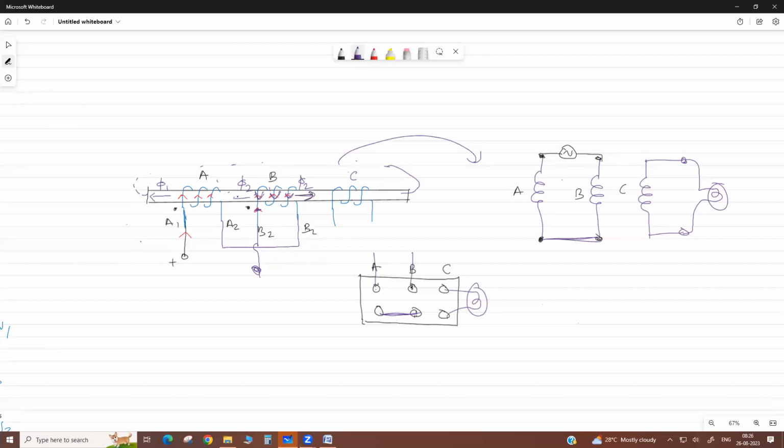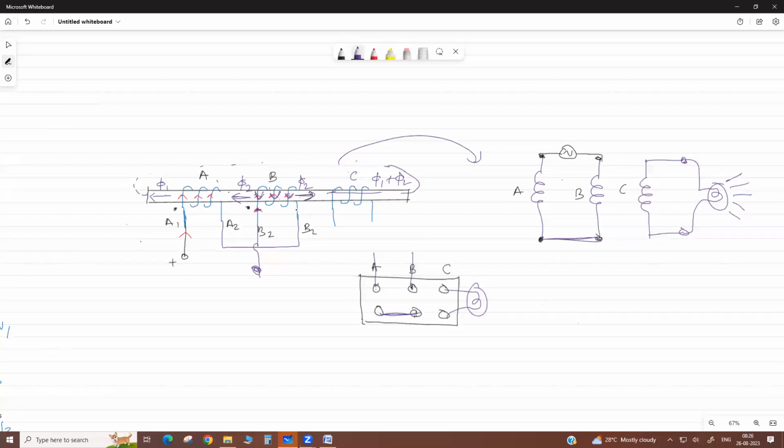Now, if both fluxes support each other, then in the core there is a double flux. Both phi 1 and phi 2 are linked with coil C, so phi 1 plus phi 2, and an EMF is induced in coil C. The lamp is more bright.